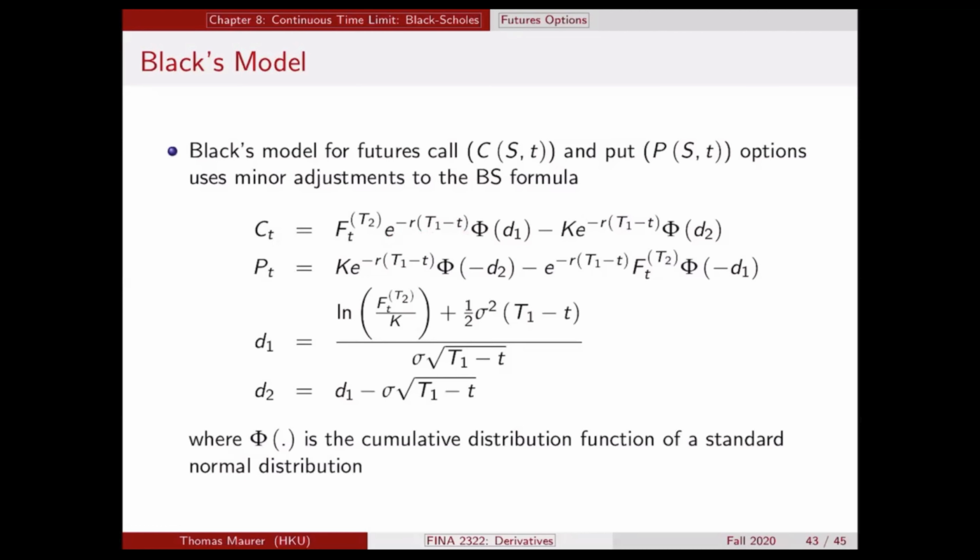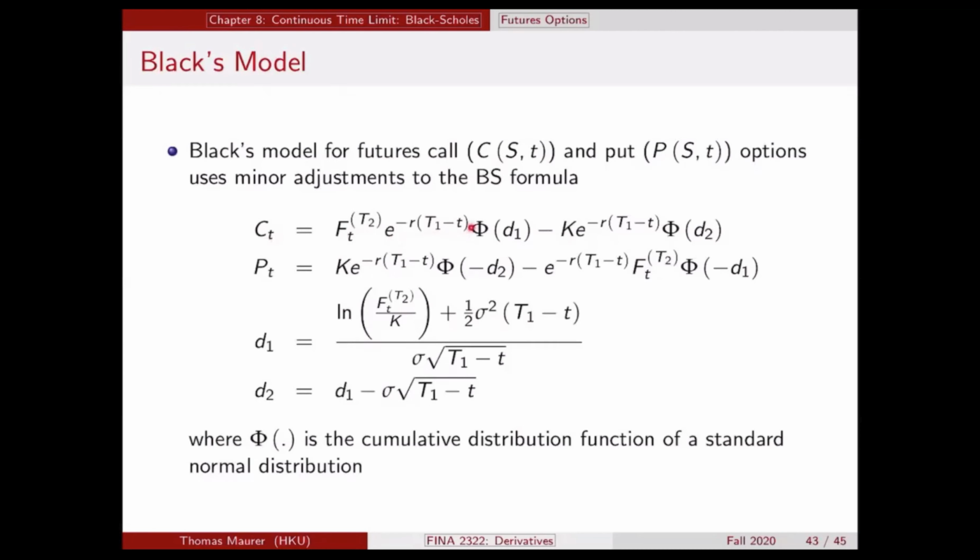Why is that? Well, think again, the futures price is actually equal to the price of the underlying asset times the gross return of the risk-free asset. So what I'm doing is I replace just S at time small t by now just the futures price at time small t times e to the power of minus the risk-free rate times the time horizon.